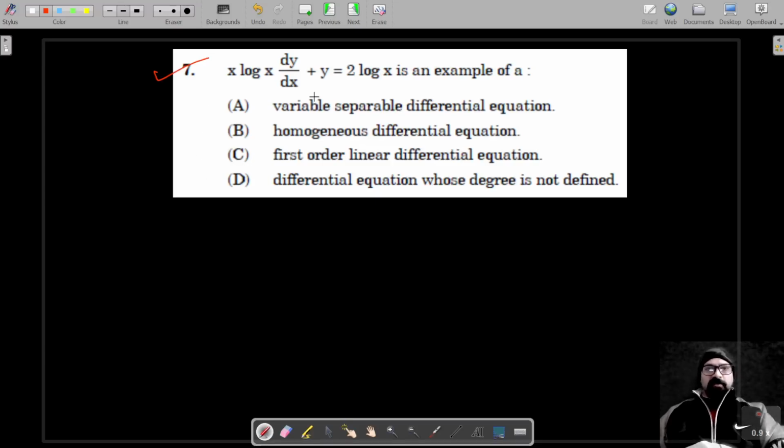Okay, for question number 7, we have to show that x log x dy by dx plus y is equal to 2 log x is an example of. So our differential equation is x log x dy by dx plus y is equal to 2 log x.